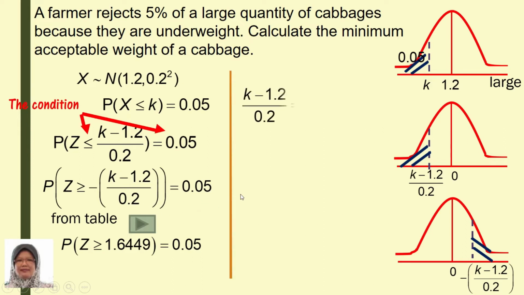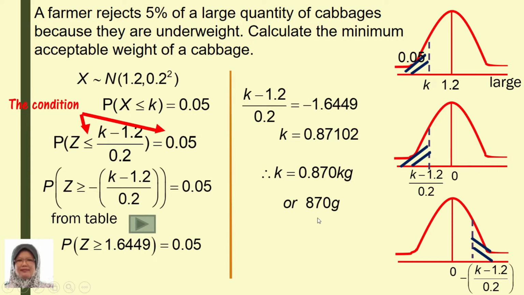So we get (K - 1.2)/0.2 = -1.6449, and we simplify, we get K = 0.87102, so K is 0.870 kg or 870 gram. So the minimum acceptable weight of a cabbage is 0.87 kilogram or 870 gram.